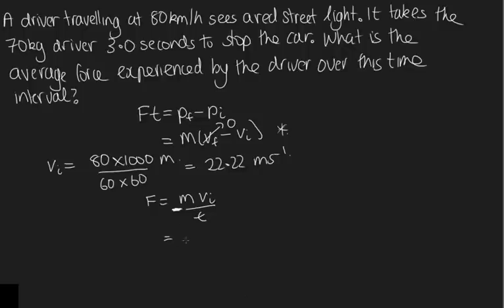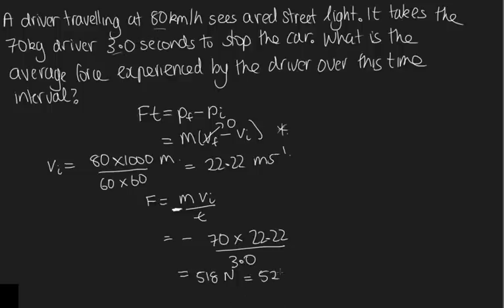So this is equal to negative, the mass of the driver is 70 kilograms, so we've got 70 times the initial velocity, which is 22.22, over the time, which is 3.0 seconds. Solving that, we end up with 518 newtons. We should give this to two significant figures, as the data is all to two significant figures.